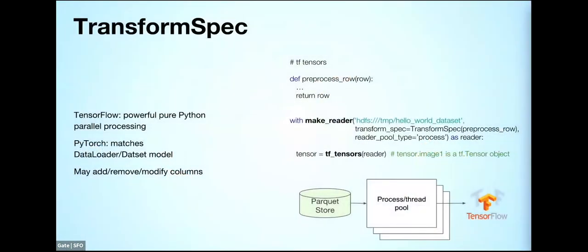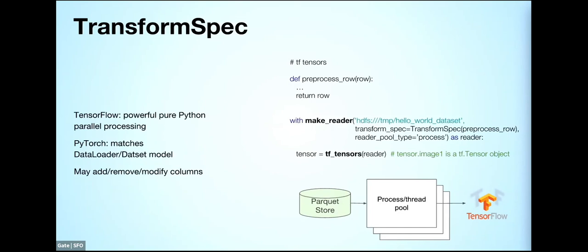It's not directly why we created Petastorm, but it's a nice feature we could sneak in. And this is a code example. You can see here that when we create a reader, we provide this transform spec. By the way, why is it a spec and not just a lambda? Because if we want to change the structure of the data and stream it later into TensorFlow, TensorFlow is very strict with the types and the shapes of what you are putting into the graph.